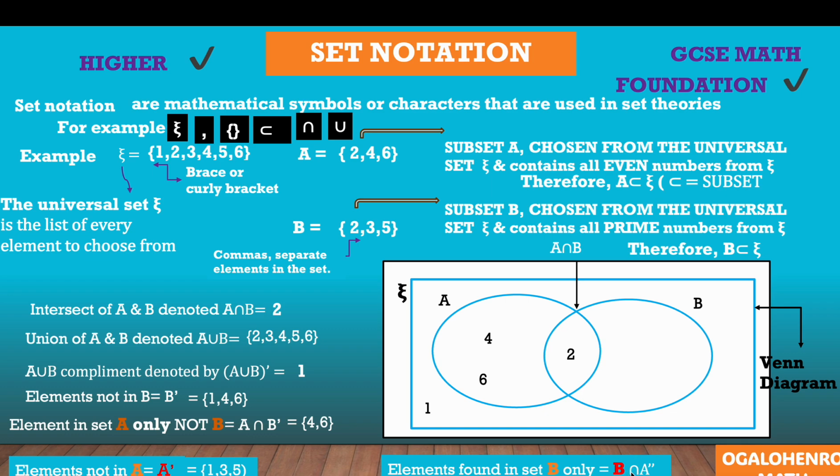Look at it down here, the brown part of our screen. B intersect A prime is basically going to be 3 and 5. So here we fill in 3 and 5. And this is how we complete our Venn diagram, applying the set notation and also drawing the Venn diagram.